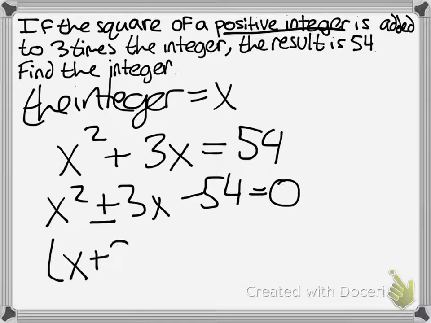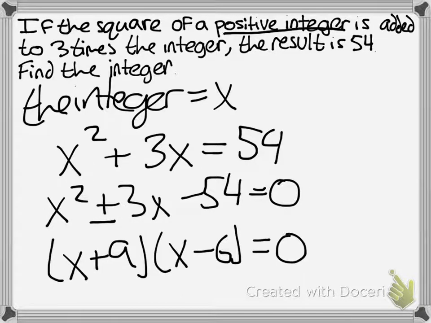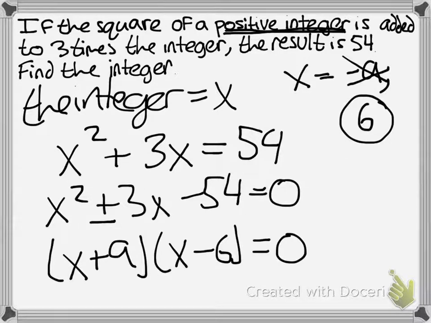So I have x plus 9 times x minus 6 is 0. So by what we talked about in the last section, x is either negative 9 or positive 6. Then I look back at the question, I see that it requires that x is a positive integer. Negative 9 is not a positive integer. So our integer is 6. And we're done.